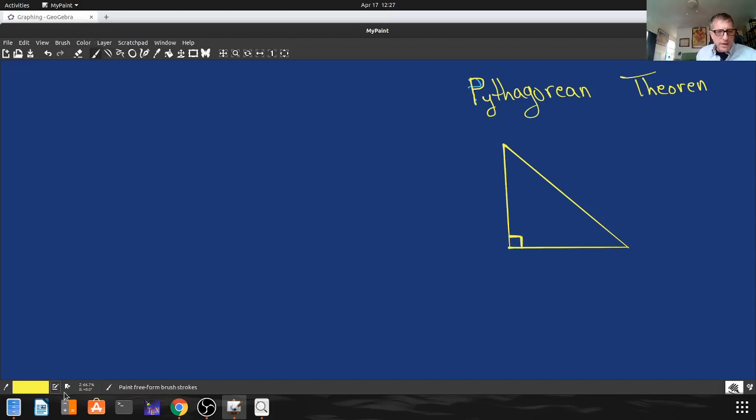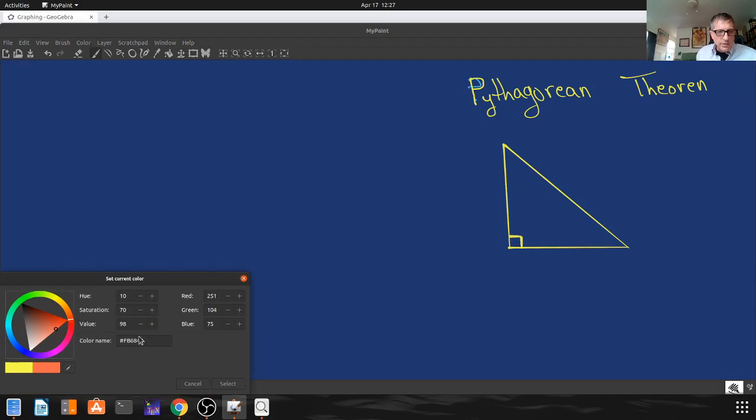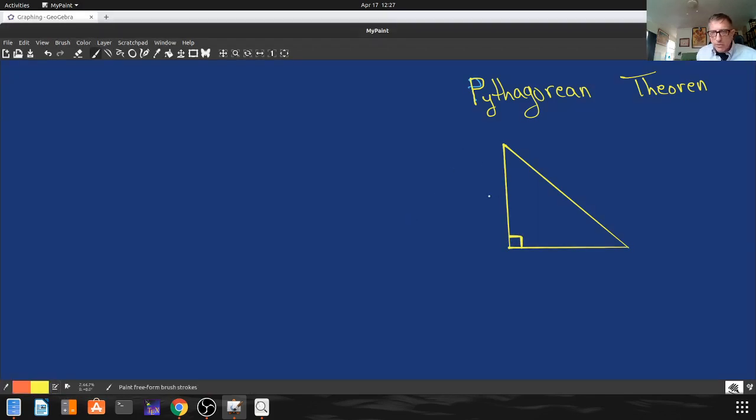And suppose our sides, if you remember from school, you have two legs, A and B, and the side opposite the 90-degree angle is C. So if you're given a right triangle, then you know A squared plus B squared is equal to C squared.